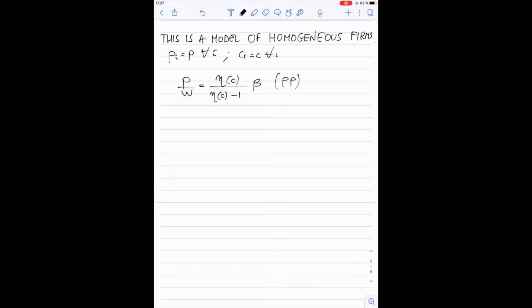So if we have C on the horizontal axis and P over W on the vertical one, what we have here is an increasing function. So this is saying that the more you consume of each variety, the more C increases, the higher the price over the wage, because of the higher markup.